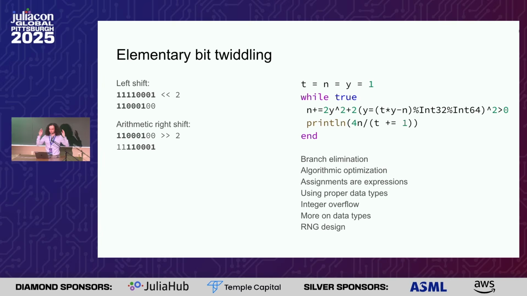So if you have a number, a string of ones and zeros, left shift is going to move it all to the left, basically padding with zeros at the least significant bits, and the most significant bits will overflow. And then if you arithmetic right shift it again, it'll bring things back, padding on the left this time. The one minor nuance here being that sign bit, again, we extend the 1 if it's a 1 and the 0 if it's a 0, so the sign doesn't do crazy stuff.